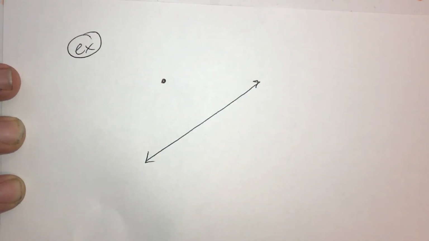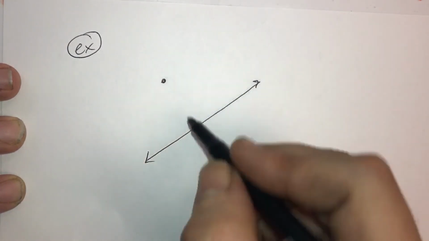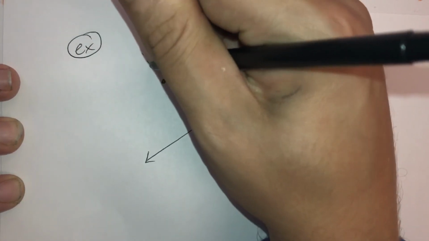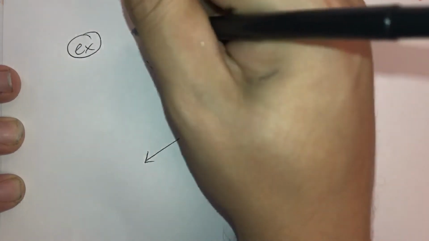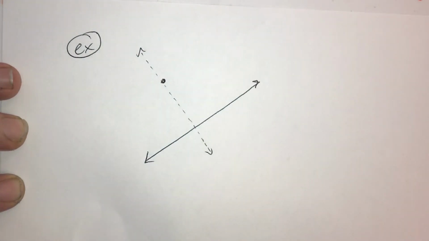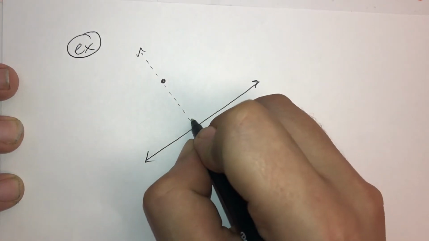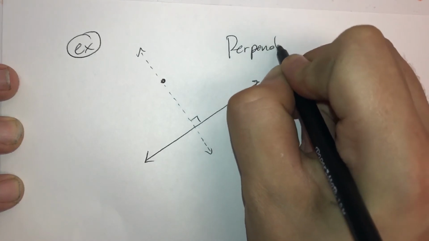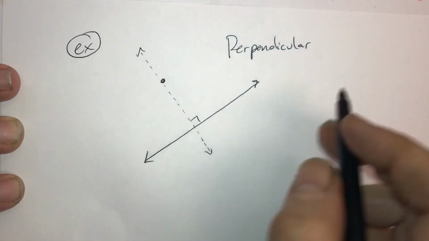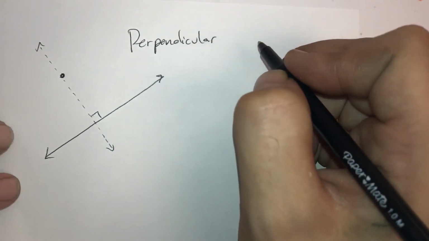The question is, does there exist a perpendicular line that goes through that point? Well, it seems that I can draw one, so I expect that there is one. Again, Euclid cannot come up with a reason why that should be true, so he made a postulate called the perpendicular postulate.